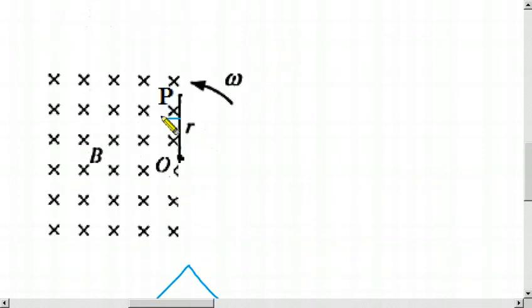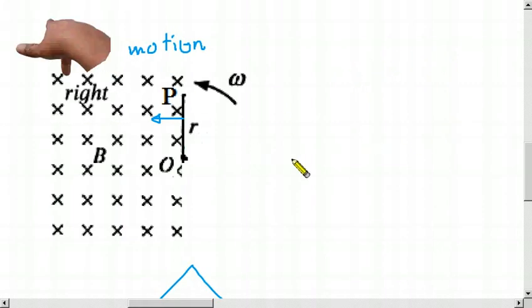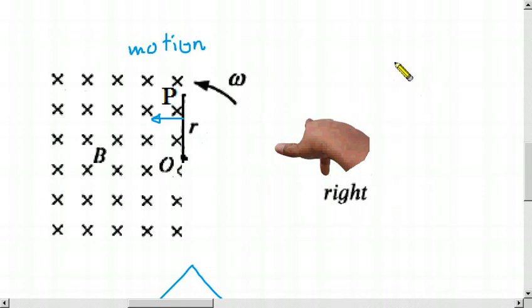So we know the direction of motion, this way. In Fleming's right hand rule, what he says is, if we point our index finger to the direction of flux density B, that is into the paper now, like this, first of all you have to arrange these three fingers, thumb, index finger and middle finger, perpendicular to each other, don't you know?